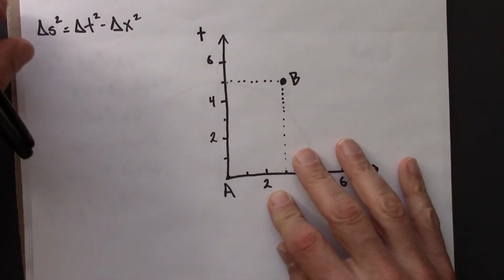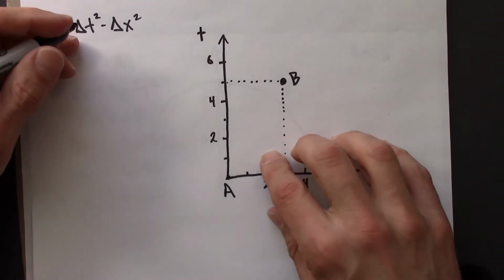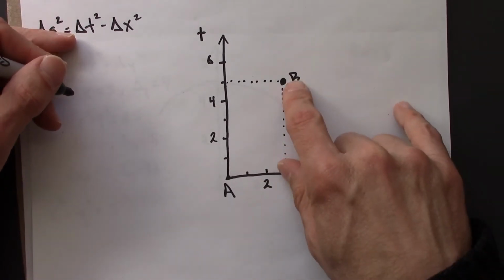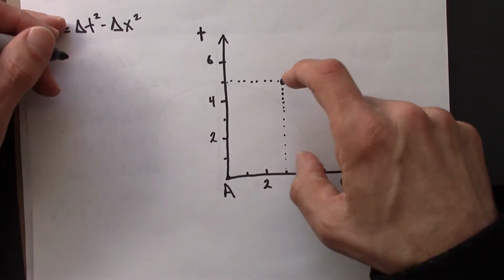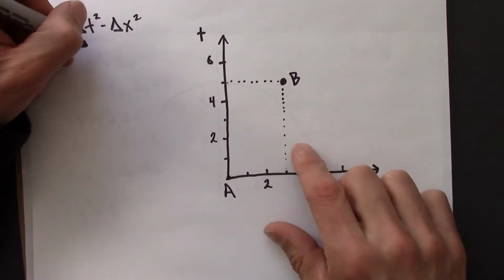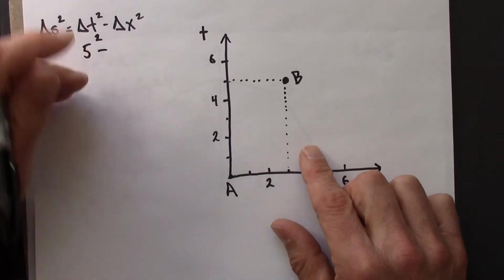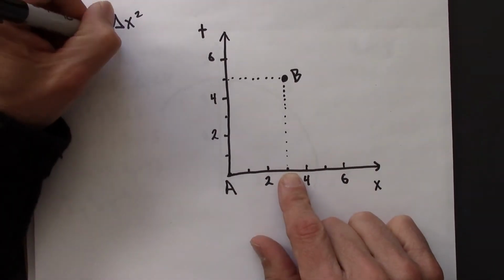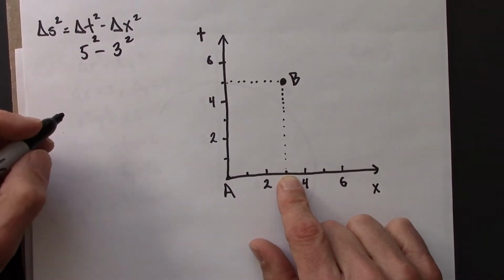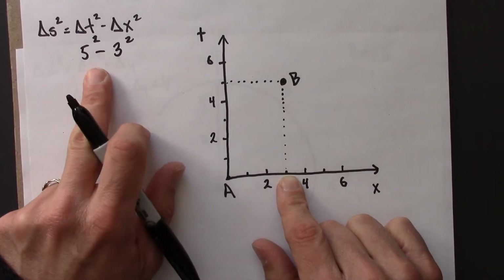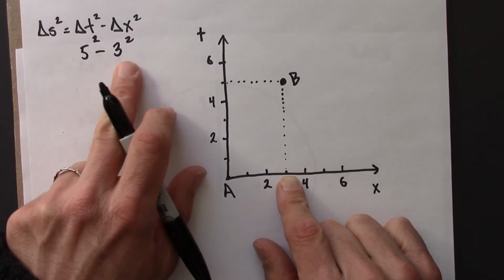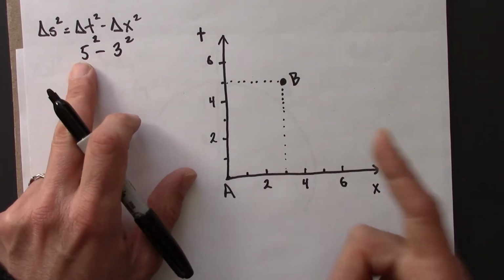Well, we figure that out with the metric equation. I can plug in delta t, that's just going to be 5, and delta x is 3. Again, I'm leaving off units just to keep things from getting too cluttered, but these could be meters or I guess seconds, because it's relativity.